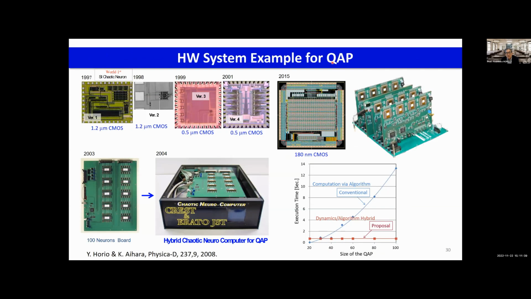Those are examples of the hardware. This shows a measured result from the hardware. The horizontal axis is the size of the problem, and the vertical axis is the execution time needed. The blue one is the result from the Neumann-type digital computer.